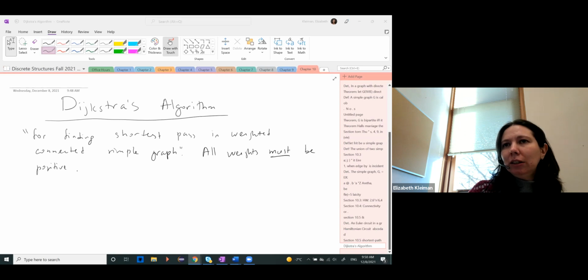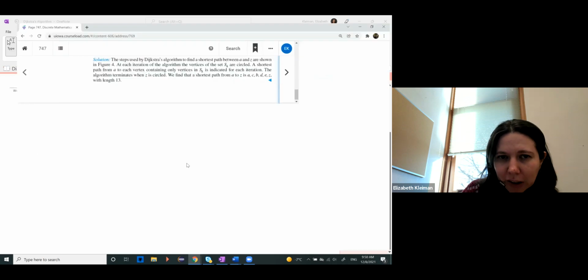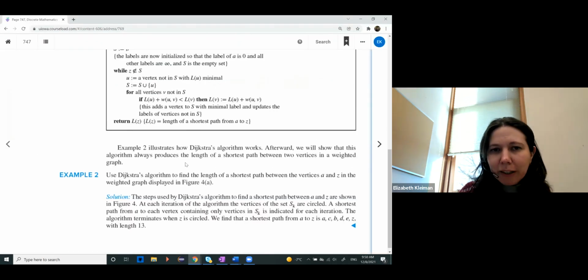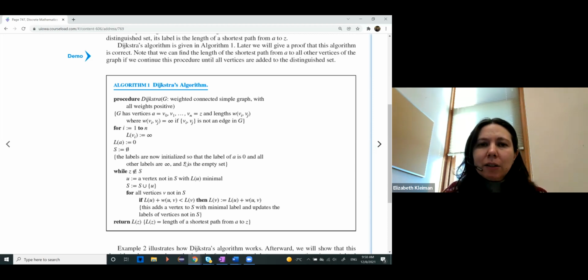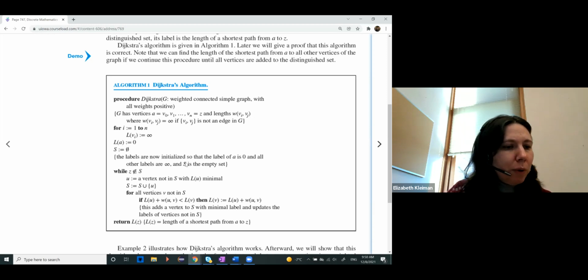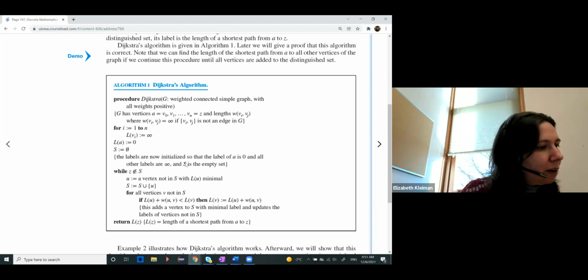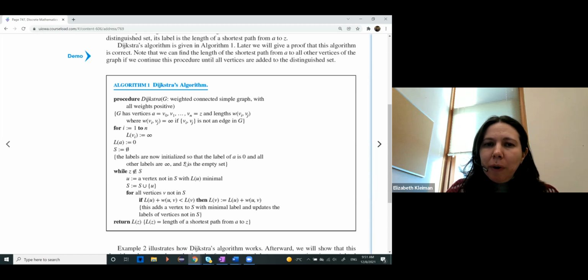So let's look at the algorithm. And again, I'm going to be cheating, and we're going to take the algorithm directly from the textbook. So we have a weighted graph.